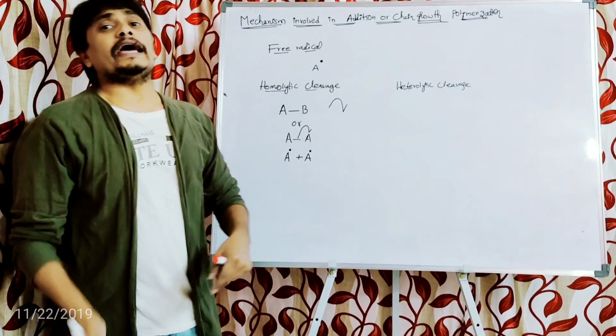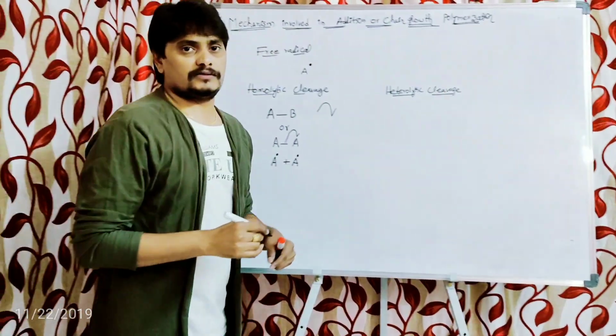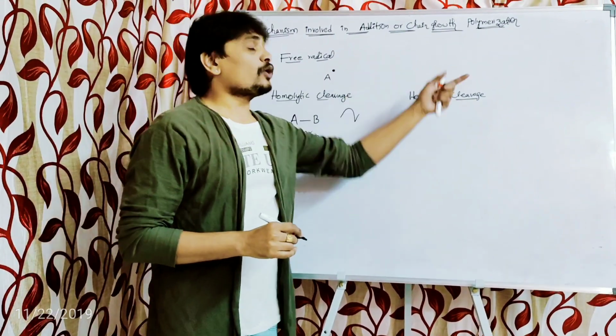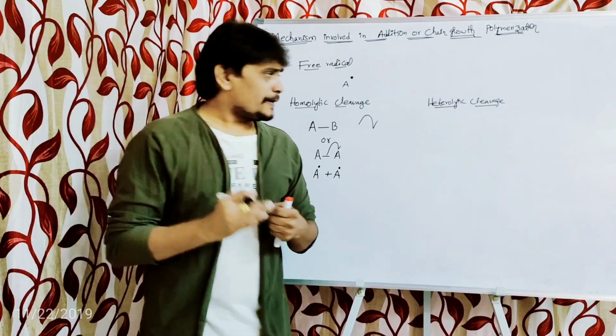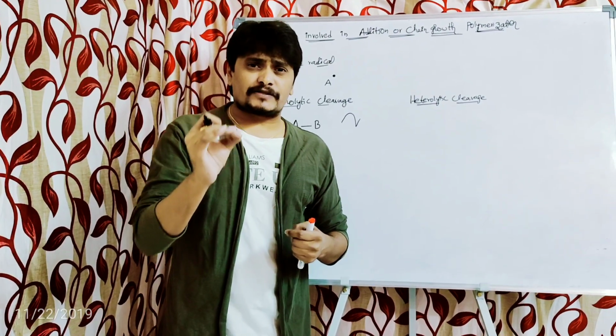Now coming to another cleavage or fission which is possible in organic molecules: heterolytic cleavage. Now let us see when the heterolytic cleavage takes place between the two adjacent atoms in an organic molecule.